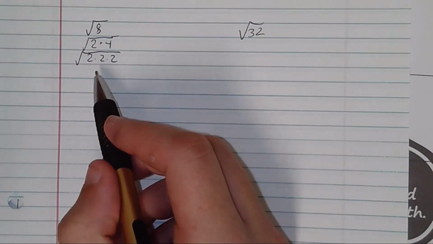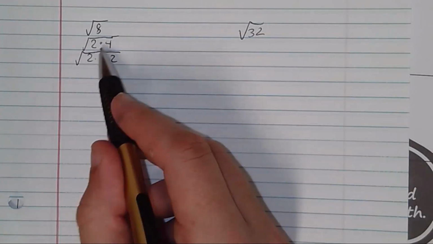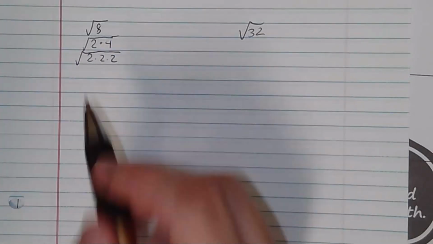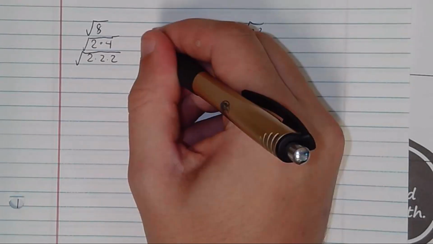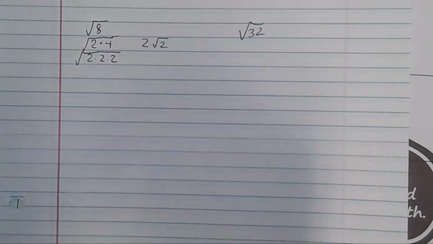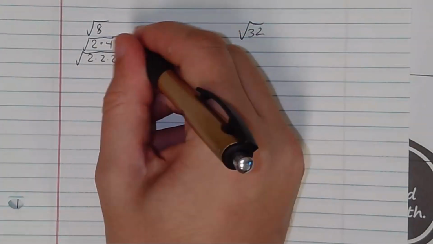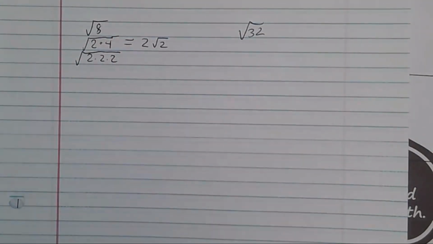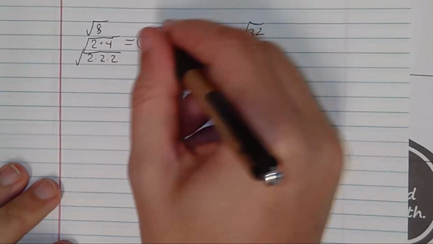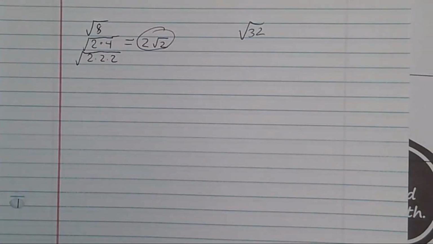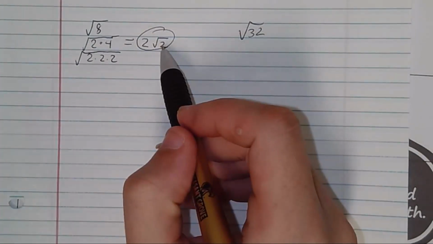So that means I can take the square root of 2 and the square root of 4 separately. Well, the square root of 4 I know is 2, and then the square root of 2 does not have a perfect square root, so I can write this particular radical as 2 square roots of 2, and that is its simplified form because I do not have any perfect squares among the factors of the radicand.